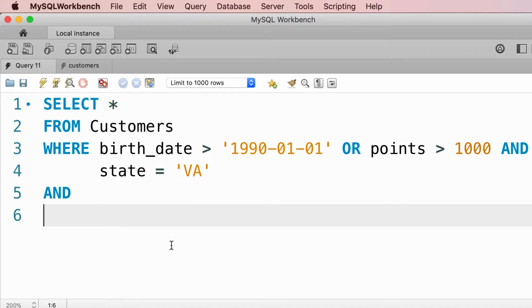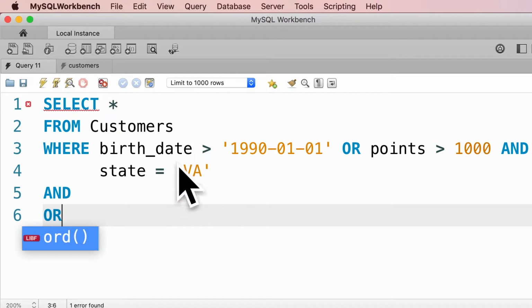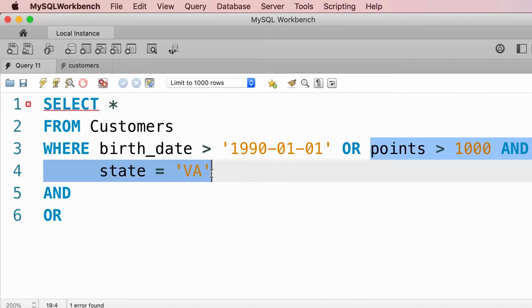So the AND operator is always evaluated first. So when this query is executed, the query execution engine first evaluates this condition because here we're using an AND. It doesn't matter that we typed out this condition after the first condition because the AND operator has a higher precedence.